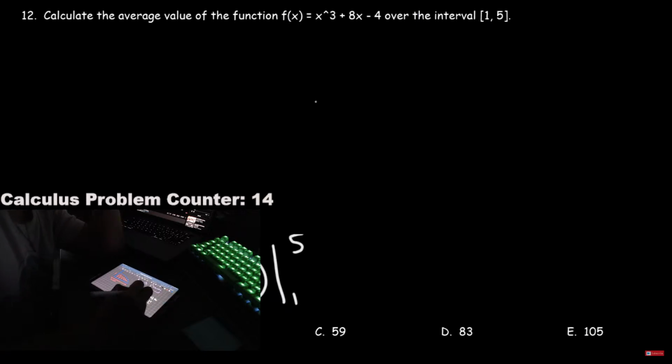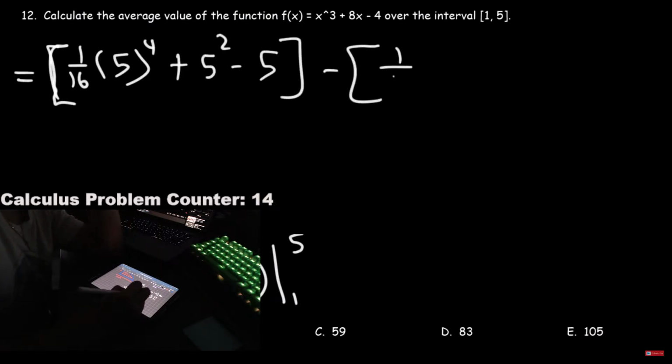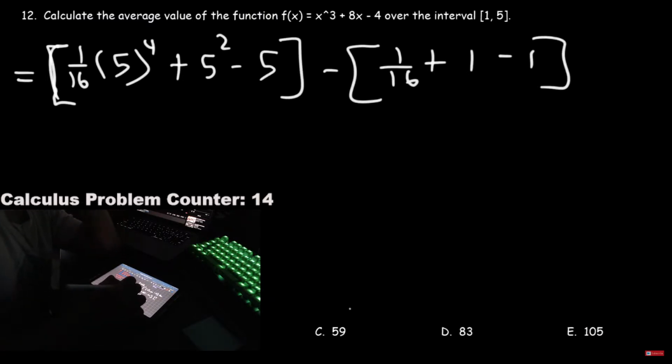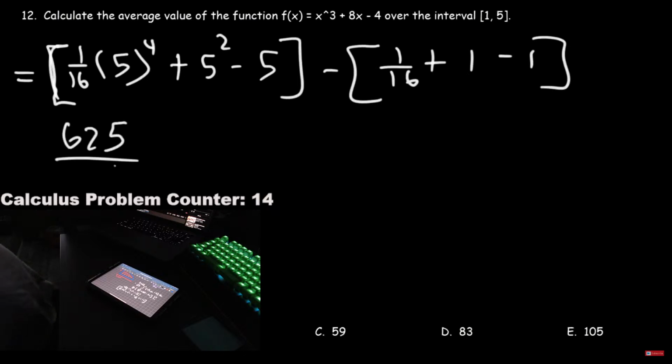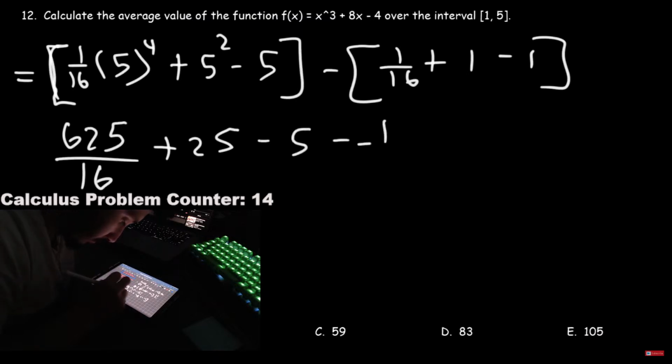So first, let's plug in 5. It's going to be 1 over 16 times 5 to the 4th power, plus 5 squared minus 5, and then we plug in 1: 1 over 16 plus 1 minus 1. Now 5 to the 4th power is 625. 5 squared is 25, and then we have negative 1 over 16, and 1 minus 1 is 0.